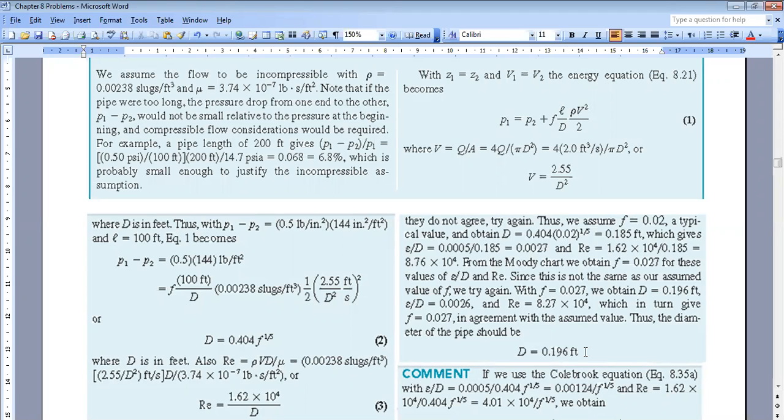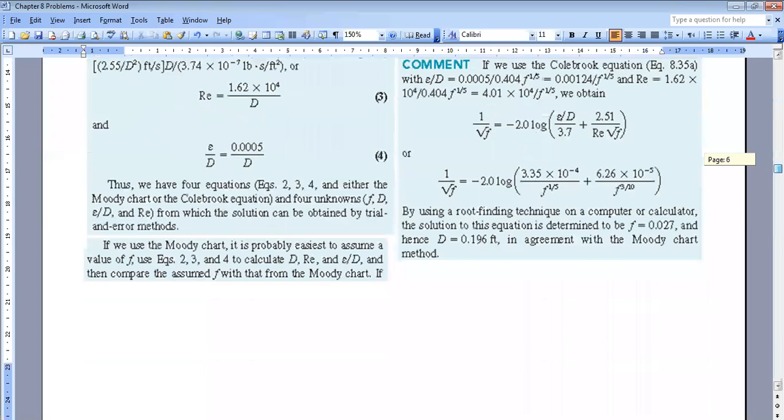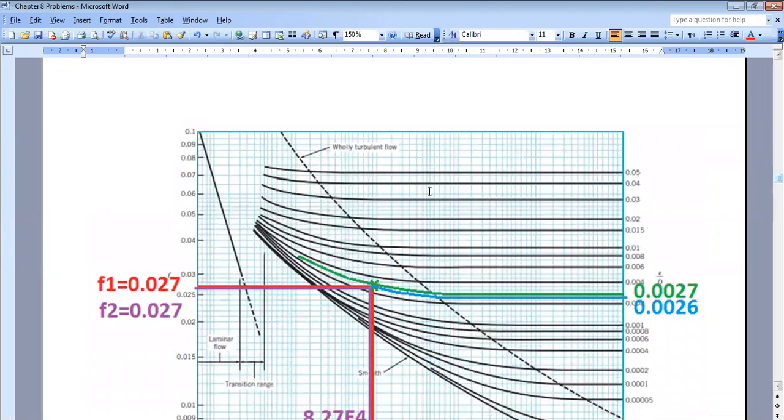The initial value will not affect the final result, but it will affect the number of iterations. If you started from a very far value, instead of 0.02, for example from 0.09, you will need more iterations to reach your converged solution.